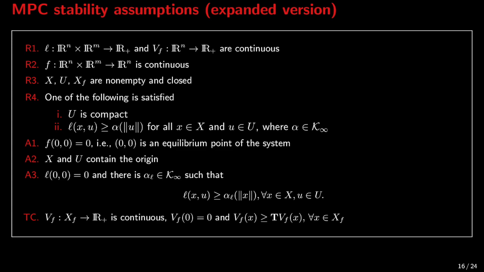And third, the cost to be at the equilibrium point must be equal to 0. In addition, the magnitude of the cost function L must be controlled by a K infinity class function, alpha L of the norm of X. But that's a technicality.